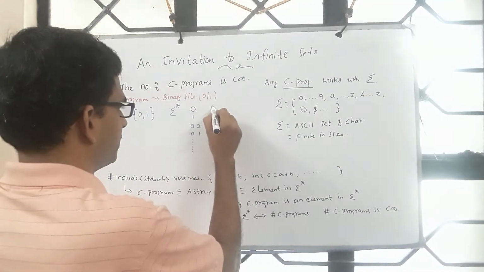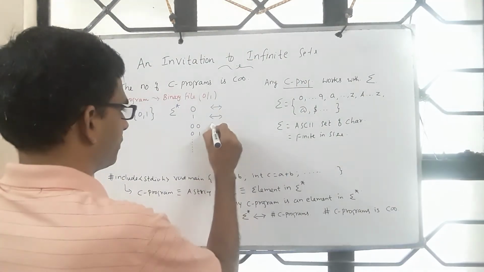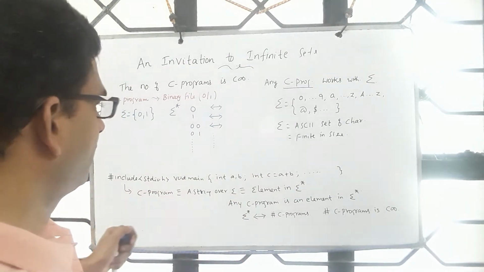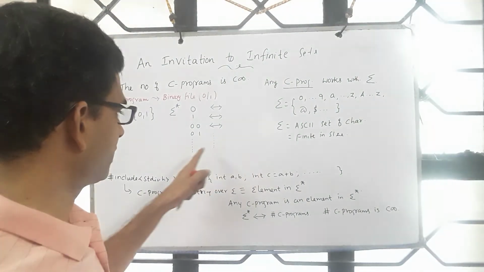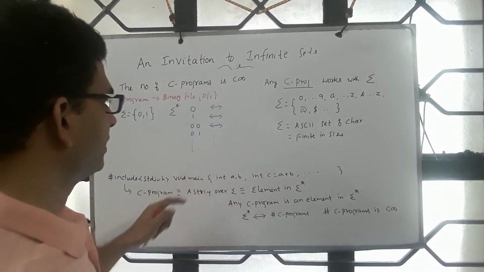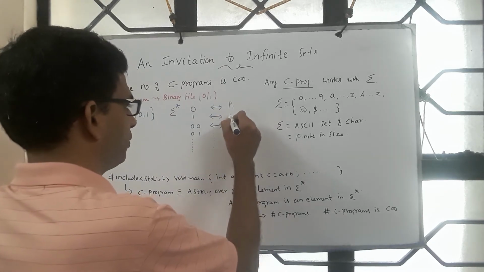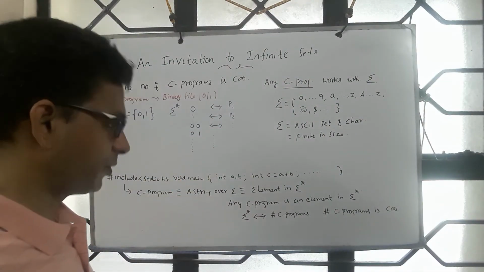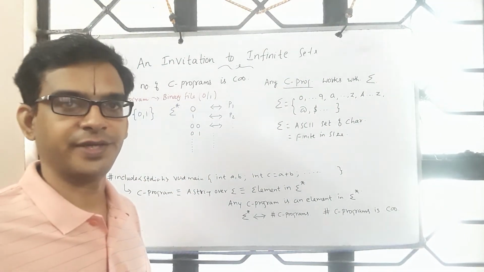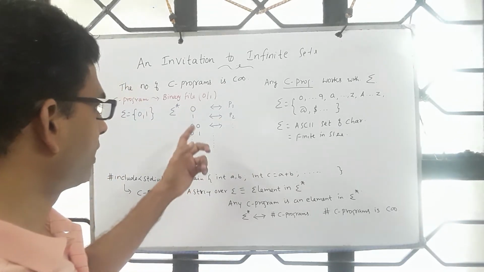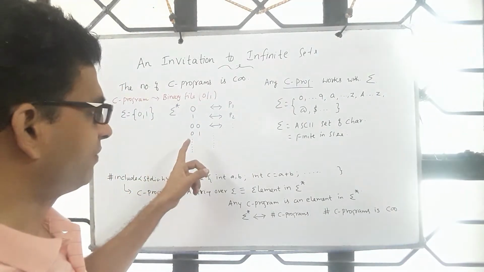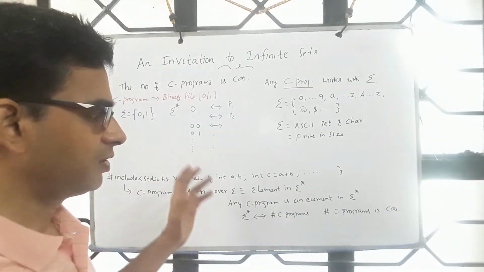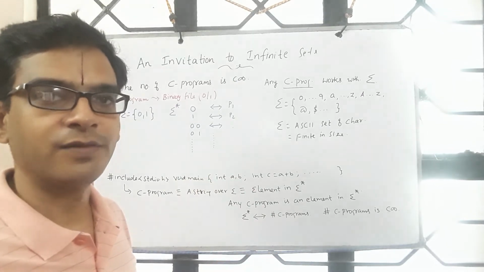Now each of these corresponds to some C program, which may not be syntactically correct. Similarly, each C program corresponds to one of these. You see that there is a one-to-one correspondence between these two. Therefore, the number of C programs is countably infinite. So one can look at the program, its underlying binary file, and establish a mapping between that and the natural numbers following the standard ordering of sigma star.